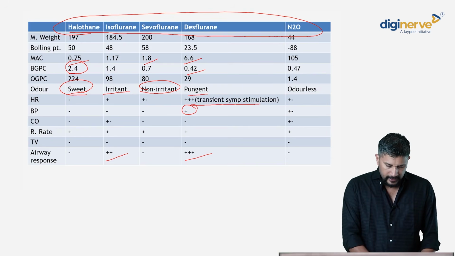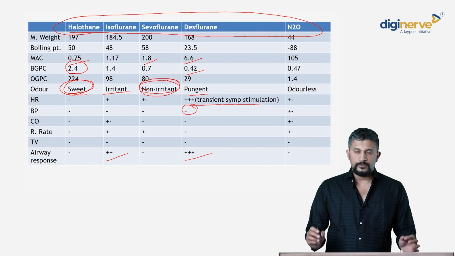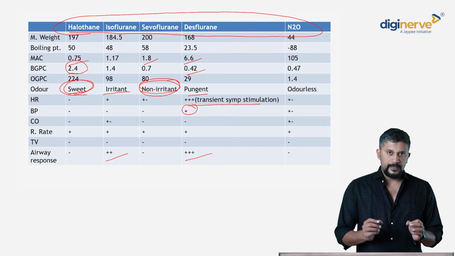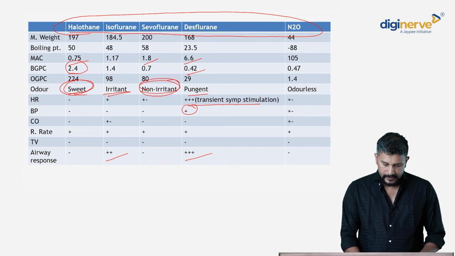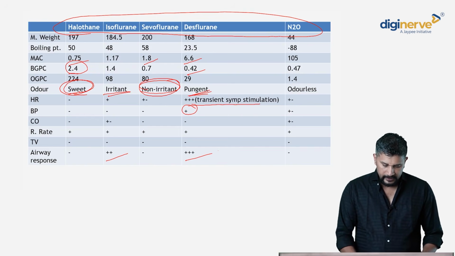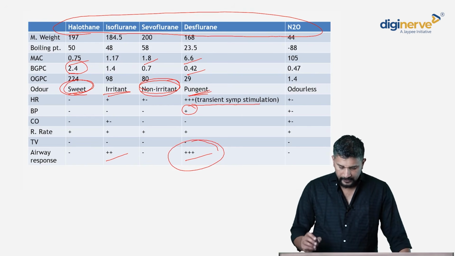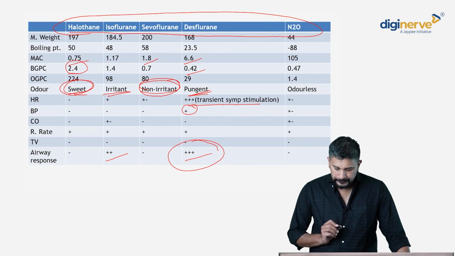So now we know that halothane and sevoflurane are non-irritant to the respiratory tract and therefore they can be used for induction of anesthesia in patients who do not have an IV line. Desflurane and isoflurane, on the other hand, are irritants to the respiratory tract. Desflurane is a lot more irritant to the respiratory tract and therefore can result in a lot of airway reactivity.